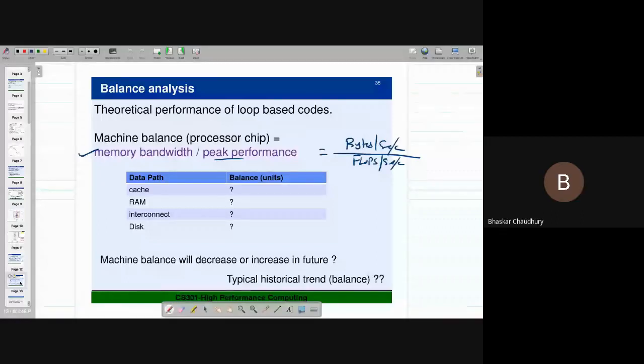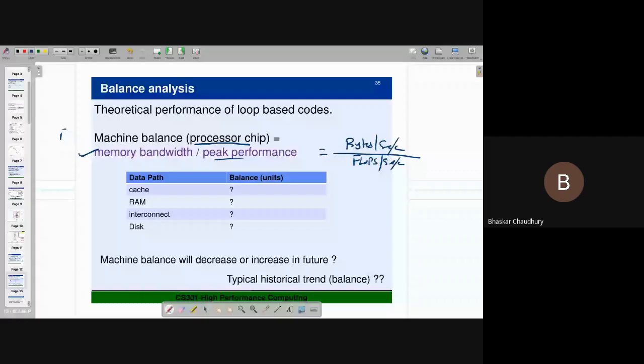So the machine balance of a processor chip is the ratio of possible memory bandwidth, that is in bytes per second, to peak performance in gigaflops per second.